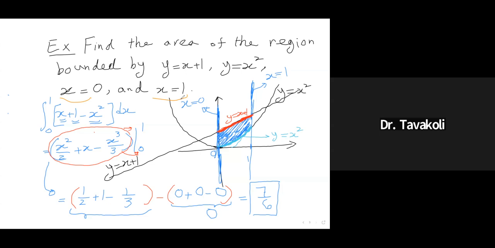If it doesn't say where x runs from and to, we need to find the points of intersection of the two functions and then calculate the integral of the difference of the two functions over that interval. Let me draw a picture first and then explain what I just said.